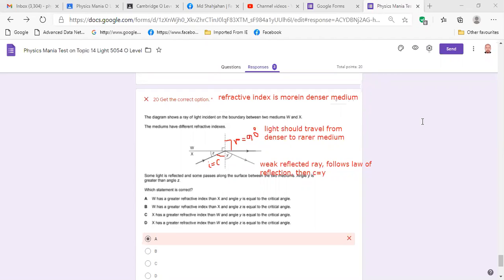Which one is your answer now? A or C? C. C for correct.